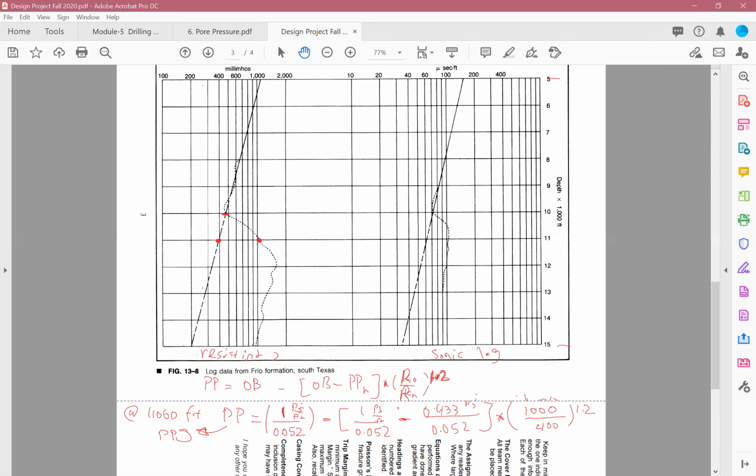So that is 19.1 minus 10.9 multiplied by 1,000 divided by 400 to the power of 1.2, right? And that is going to be 32.